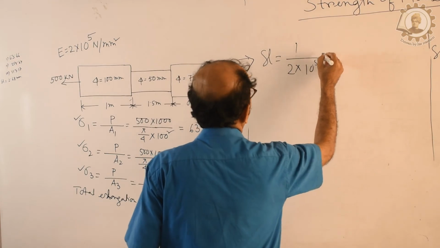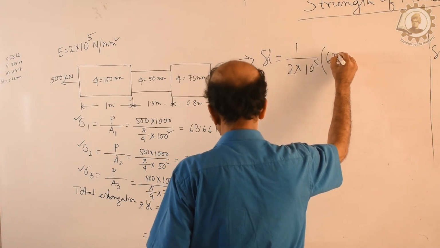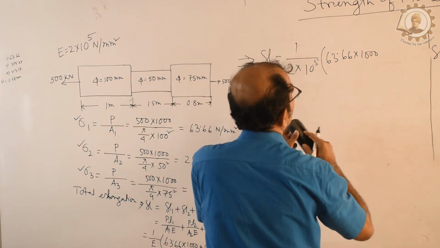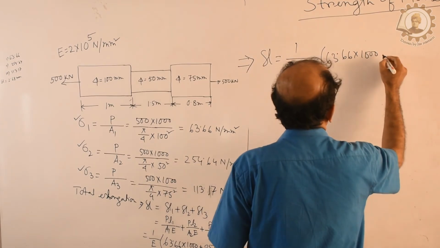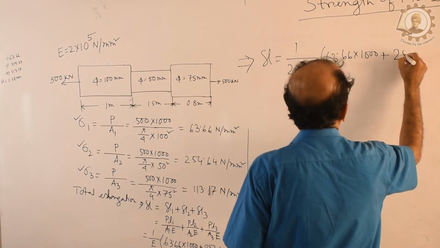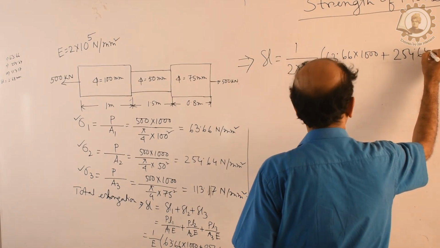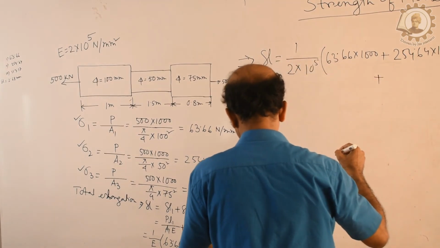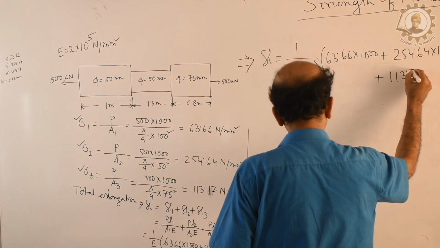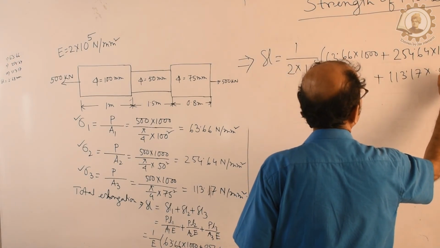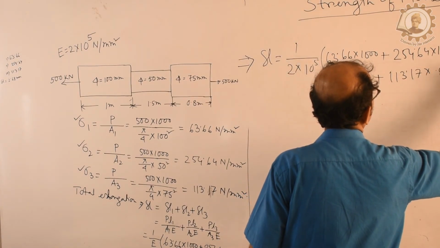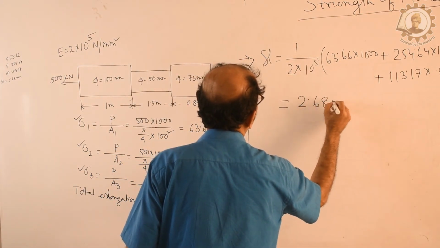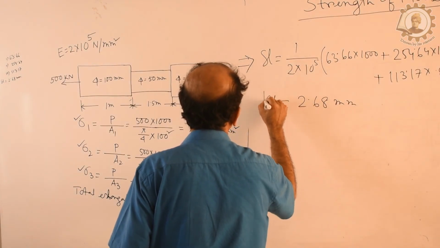So this is 63.66 into 1000 plus 254.64 into 1.5 into 1000 plus 113.17 into 0.8 into 1000. So finally this value will be 2.68 millimeter, that is the del L.